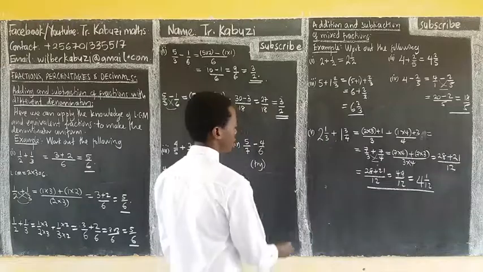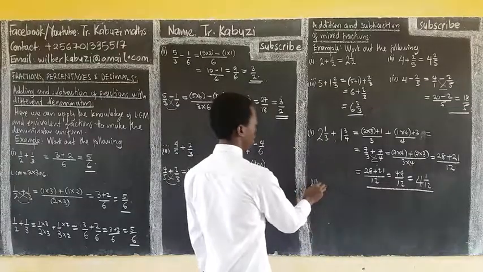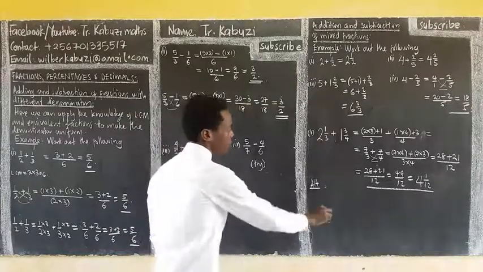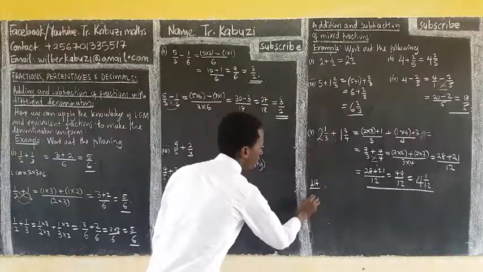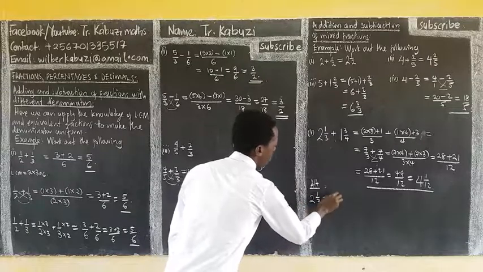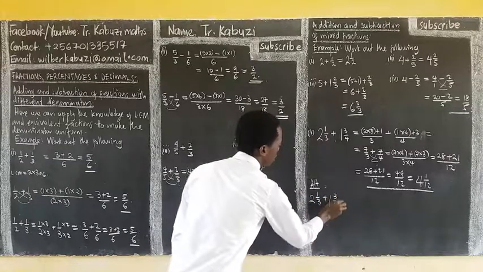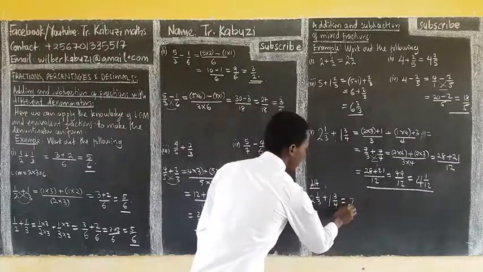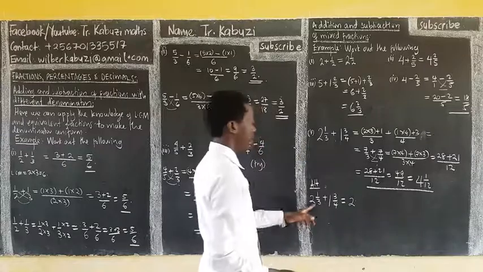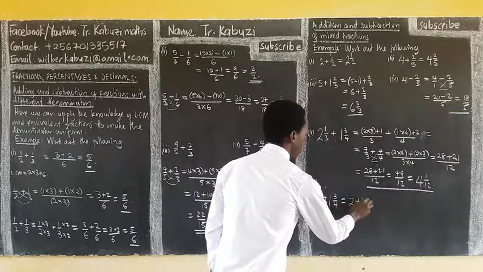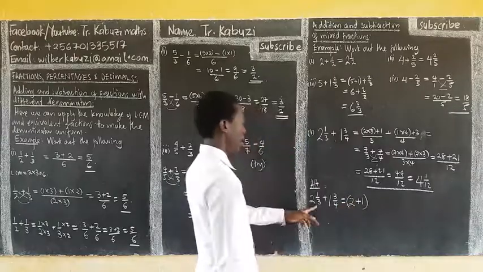The second alternative. Now this one, you look at it, it's very easy also. So we have 2 and 1 over 3, then plus 1 and 3 over 4. This one we can separate, 2 plus 1 over 3.